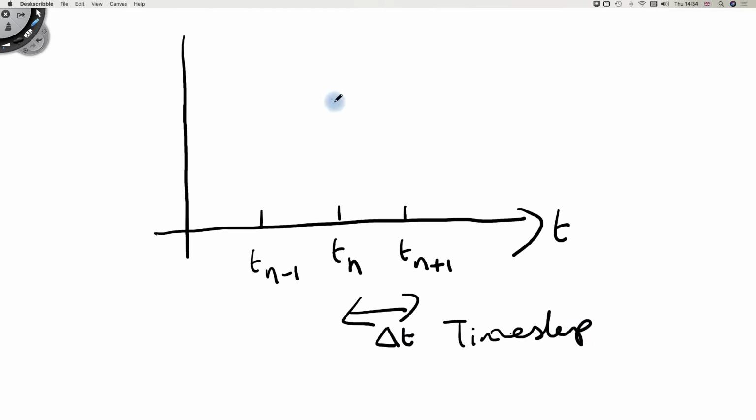And what we're saying is we've got the function at step n, and we've got the function at step n minus 1. And when you've got two values, that's enough to construct a line. Obviously, you need three values to construct a quadratic, etc. So we can construct a line like this.